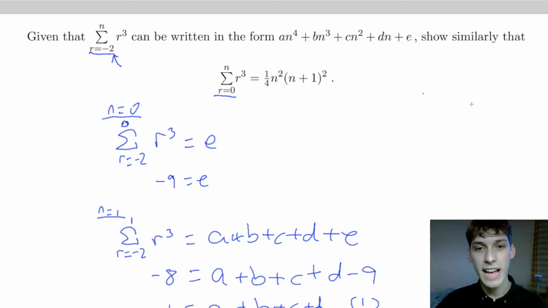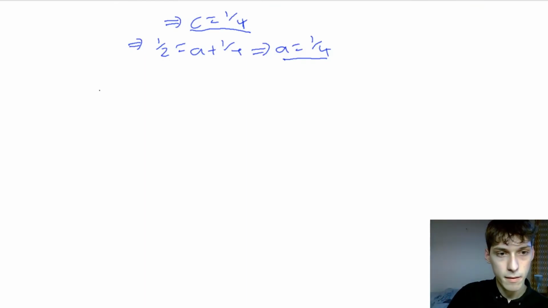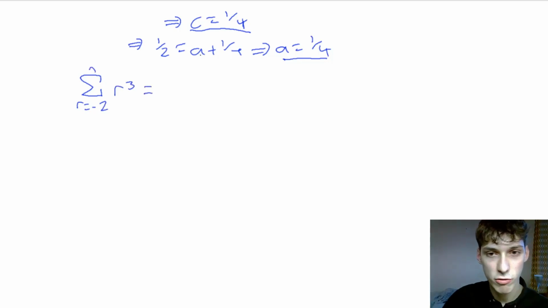So okay, let's go ahead and find some kind of expression for this sum of cubes on the left hand side from r is equal to 0 by using the sum from r is equal to minus 2 to n of r cubed. So let's just recall what our values are.